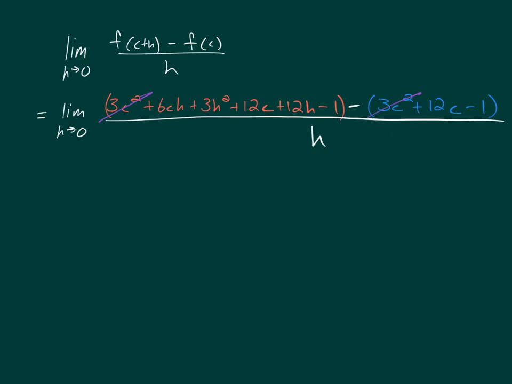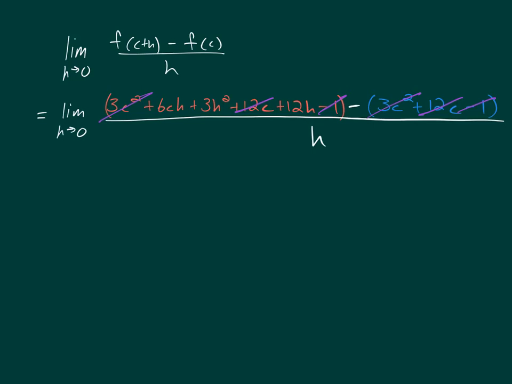Also, this will happen with 12c minus 12c. That will reduce to 0, and negative 1 minus negative 1 will reduce to 0. And that's really nice. Every term that only has c in it is canceled away.